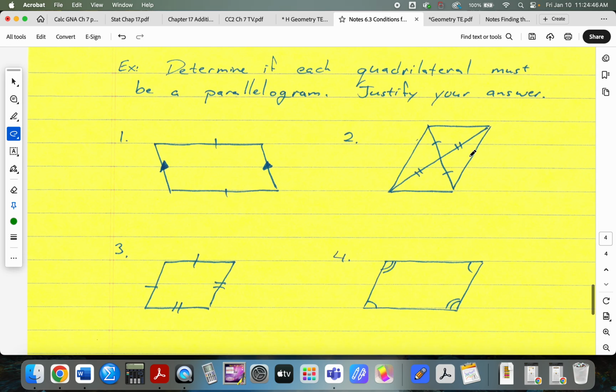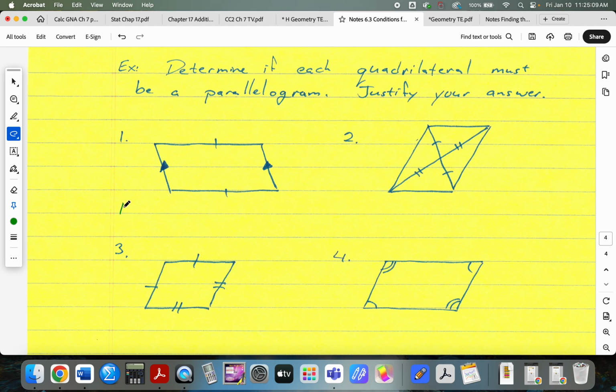All right, so let's take a look at these and determine whether they must be a parallelogram. Not whether they could be, but whether they must be. Justify your answers. So let's look at this first one. I've got the right and left are parallel and the top and the bottom are congruent. Is that enough?